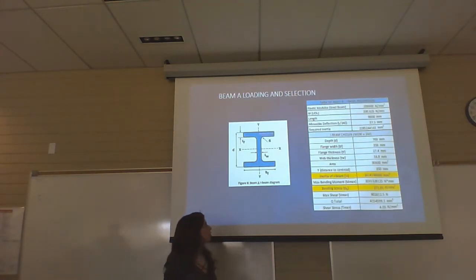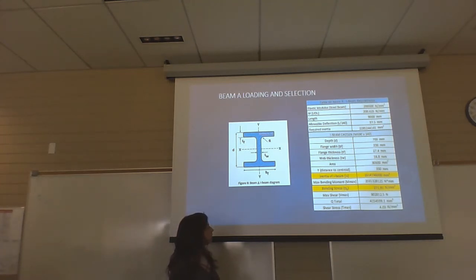And to solve for the I-beam that was sufficient to hold that load, we used the allowable deflection criteria, which was L over 240, and the max deflection equation. If you use that and rearrange it, you can solve for the I required.